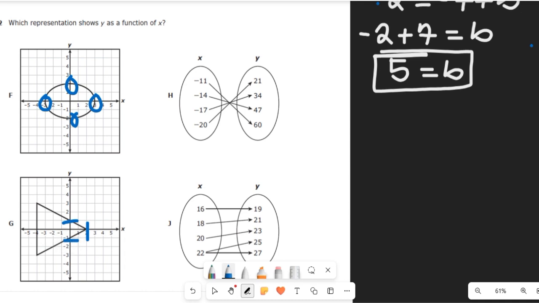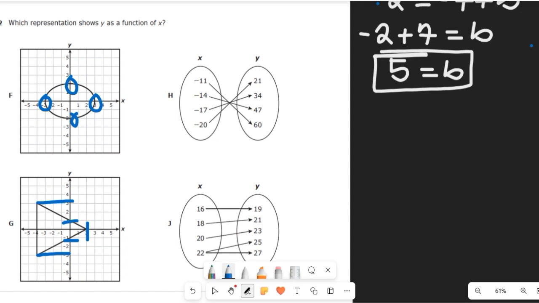And here we have two values of y, this and this, for the value of x. So that shows that this is not a function, because one value of x should give us exactly one value for y. So this does not represent a function.